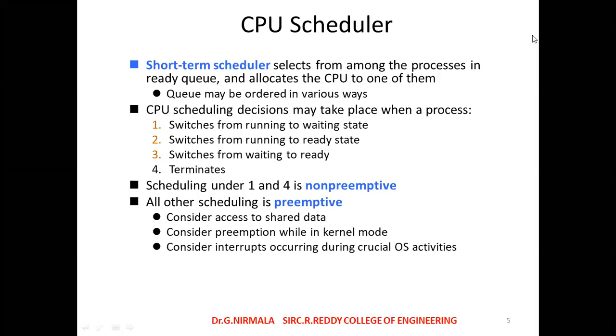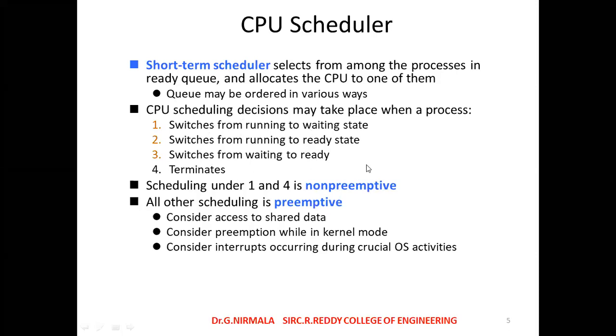The CPU scheduling decisions may take place when a process either switches from the running state to the waiting state, otherwise from running to the ready state, otherwise it switches from waiting to the ready state. These are the three possible situations.